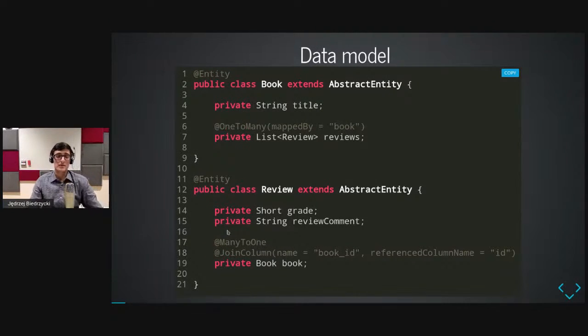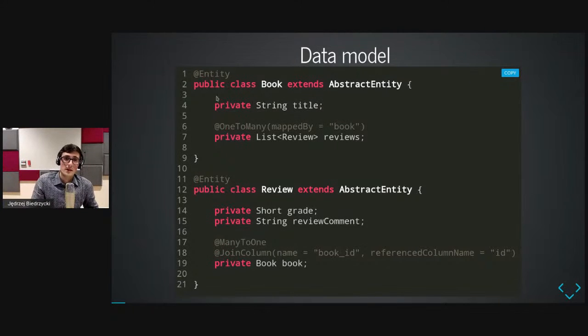What does it mean? It means that every to-one mapping is populated with the data from the database when the entity is fetched. But when we fetch something that is mapped with a to-many relationship, then we are not getting the data there, but rather a proxy over this field.